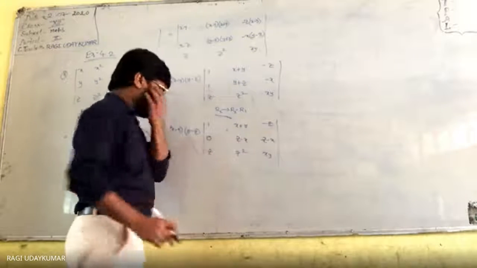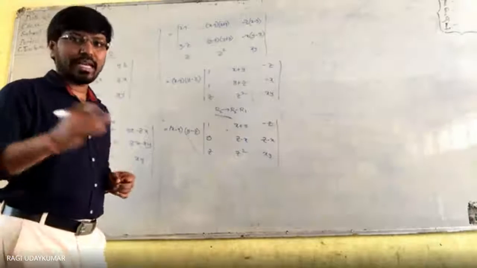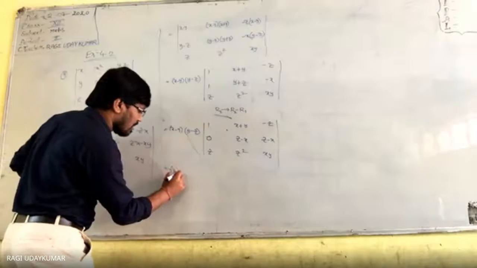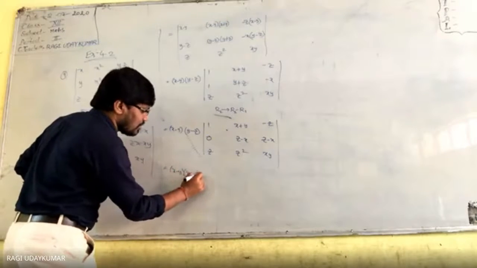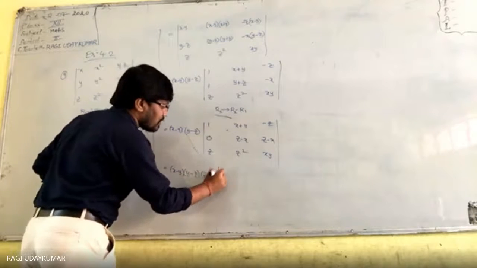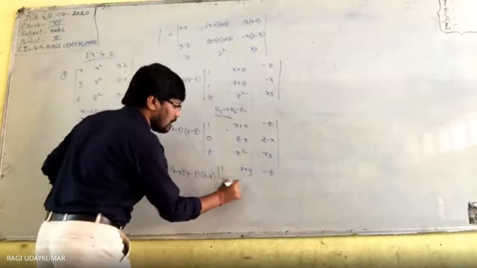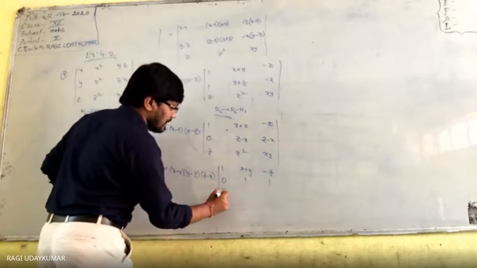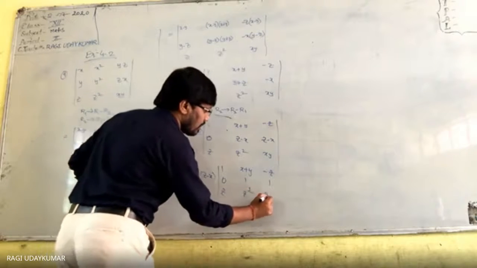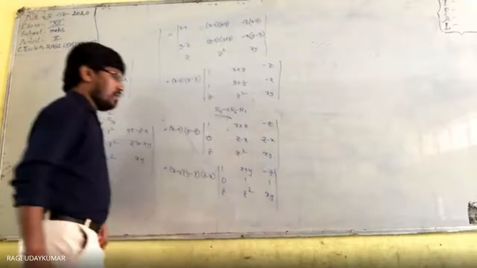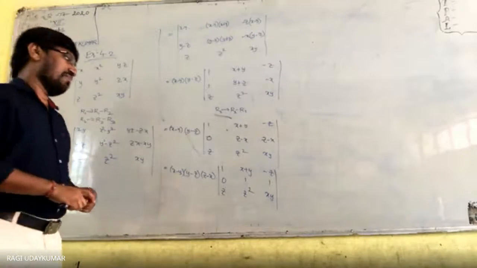Take the common z minus x from the second row. So x minus y, z minus x, 1, x plus y minus z, 0, 1, 1, z square, x square.